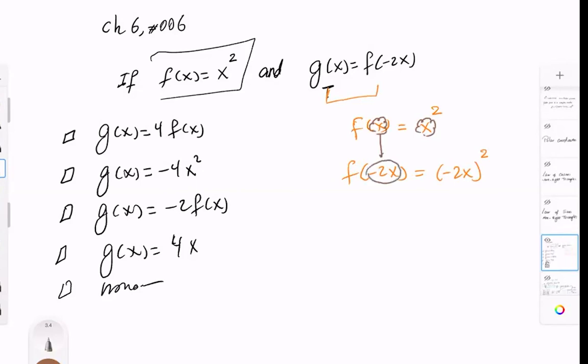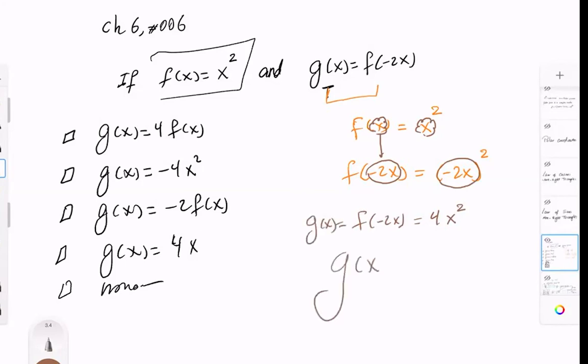So negative 2x squared will be positive 4x squared. So f of negative 2x equals 4x squared, which is the same as g of x.